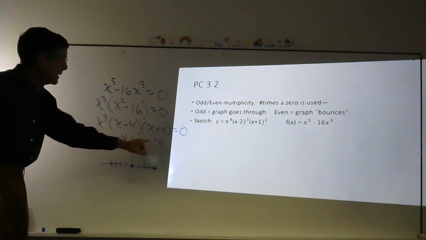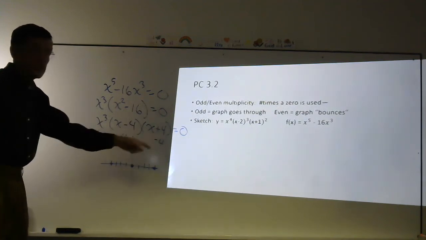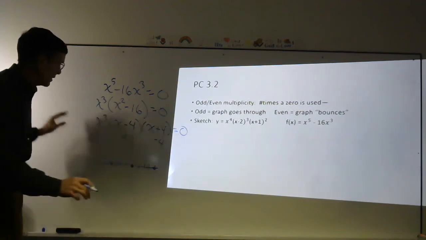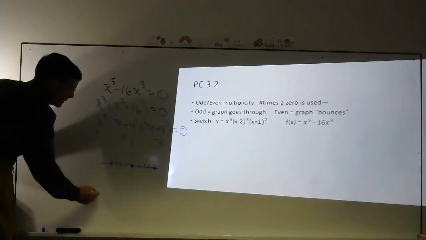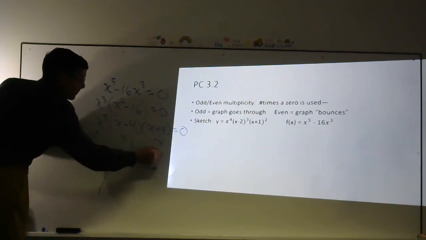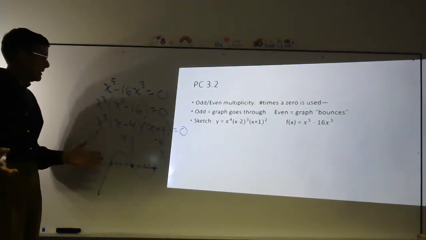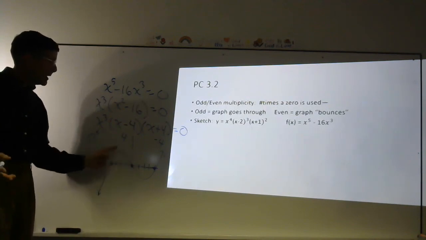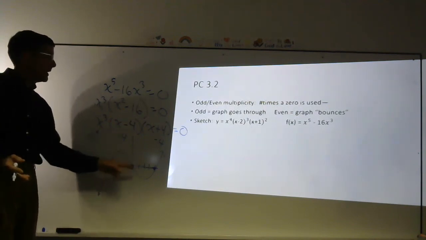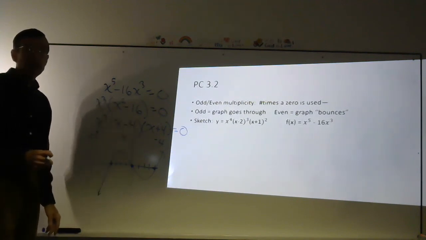And everything was used an odd number of times: 3 times, once, and once. There is no bouncing. So if it's down here, it's going to go through everywhere. So it has to come up, down, up. And even more beautiful about this is that it's an odd function. It's symmetrical about the origin, right? Beautiful. Okay, and you can graph it that quickly.